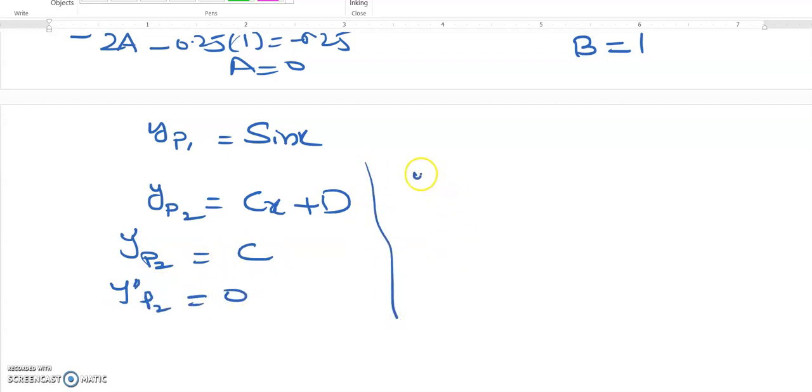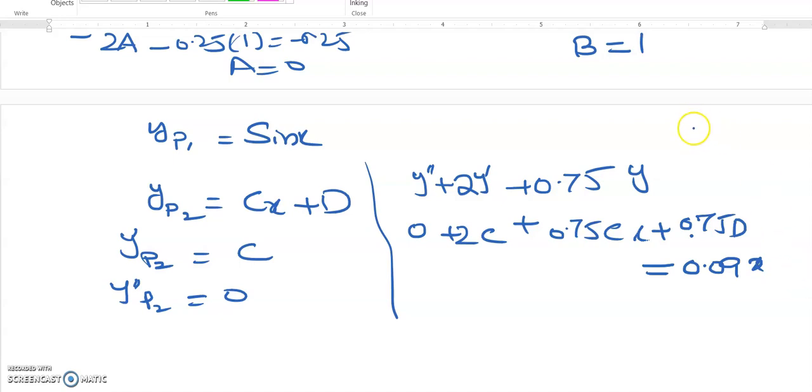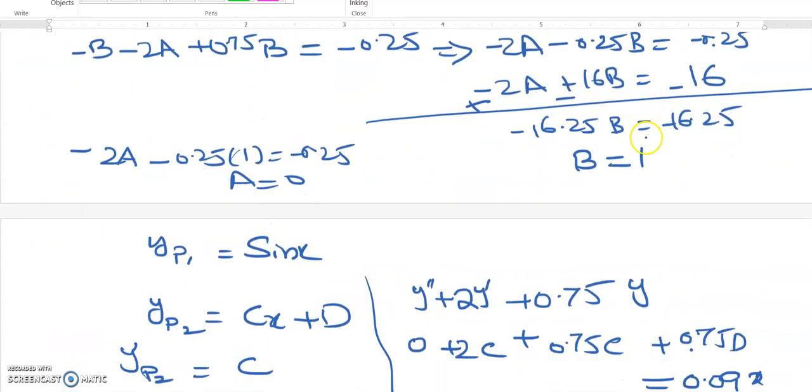The equation was y double prime plus 2y prime plus 0.75y. So y double prime was 0, 2y prime is 2c, and 0.75y will be 0.75cx plus 0.75d equal to 0.09x.